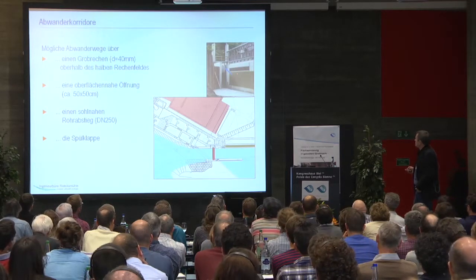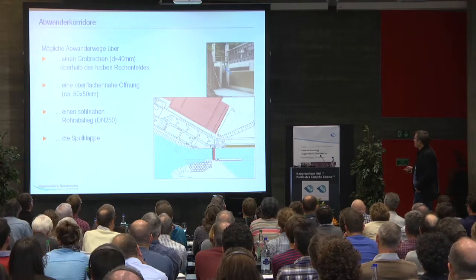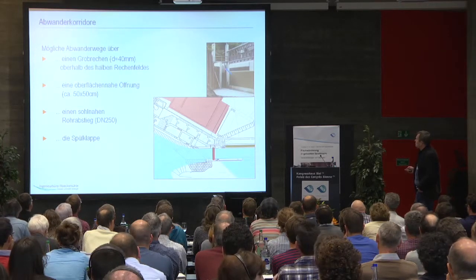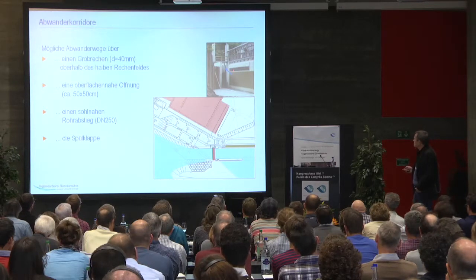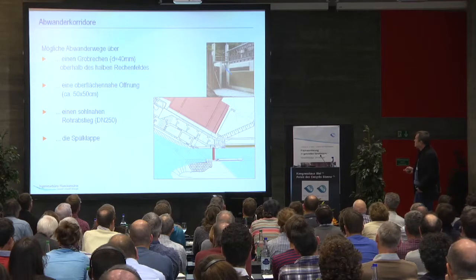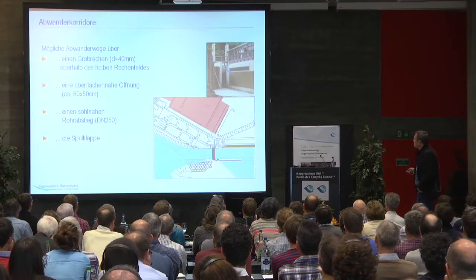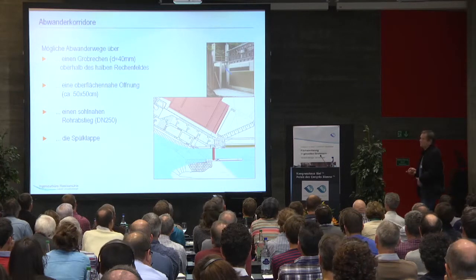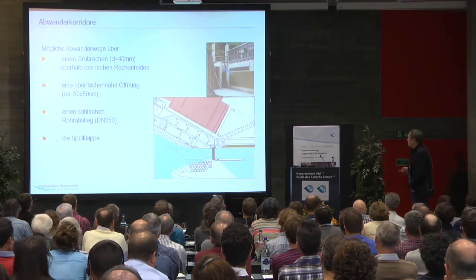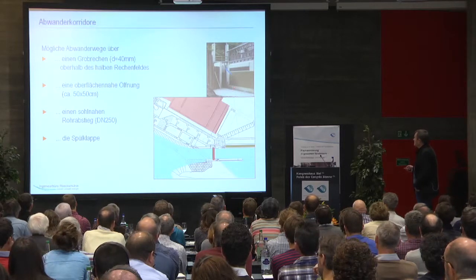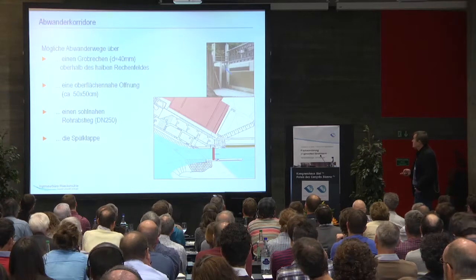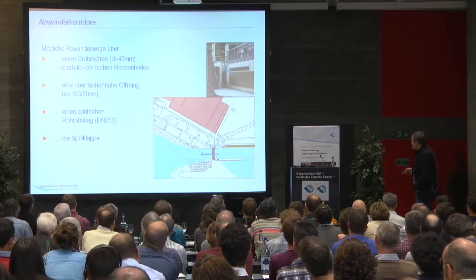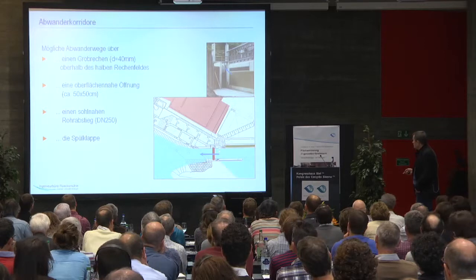I would like to show you one more picture of this horizontal screen to show you what additional migration ways are offered. We have a high-lying screen there with a channel behind that makes it possible for fish to swim in. We have a 50 centimeter opening close to the surface, close to the gate, and another opening close to the riverbed for the eels. Then we also have a flushing gate that can also be used for downstream movements.